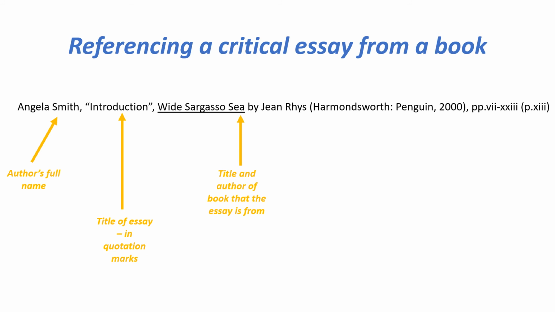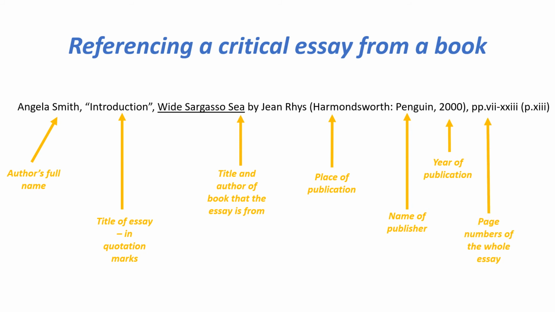And as in the previous format, we have the publication details in brackets. So the place of publication, your colon, the name of your publisher, the year of publication. And then after that, you have the page numbers of the whole essay. So here, the essay is from pages 7 to 13, and it's in Roman numerals in the copy of my text, so I've just borrowed that. And then finally, you have the page that your quotation is from.